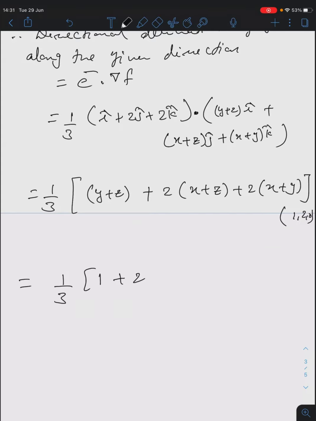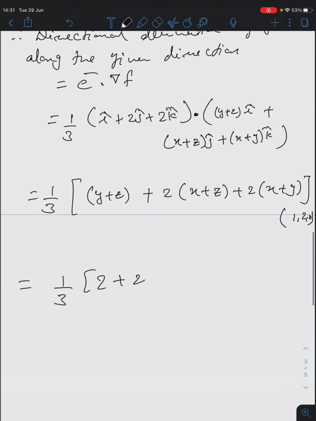So 2 times of 1 you will get, this is 2 now. Then you have 2 times of x is 1, z is 0, so you will get 2. Again, x is 1 and y is 2, so 3 you will get. So 6 overall you will get here. So what is the answer? 10 by 3 you will get as the answer. Understood? Yes, ma'am.